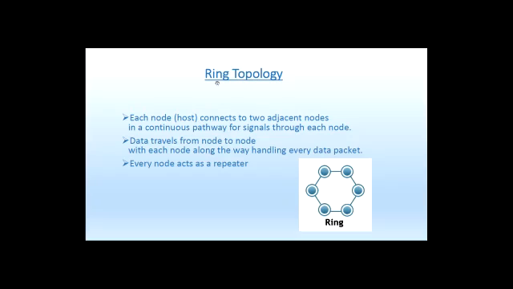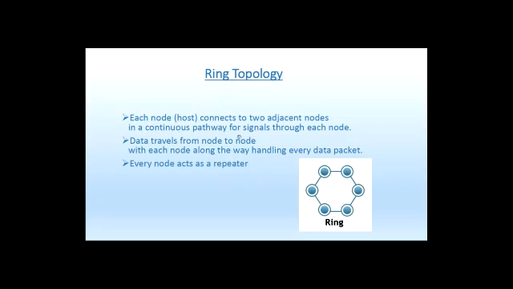Let's just start analyzing a little bit of a ring topology. Okay. So in the ring topology, you could see the nodes here, and over here we have the connecting links. That's the arrangement, that's the symbol, more or less, of what it is. So in the ring topology, each node or host connects to two adjacent nodes. Okay, so this one here connects to two adjacent nodes. Simple enough, all right?